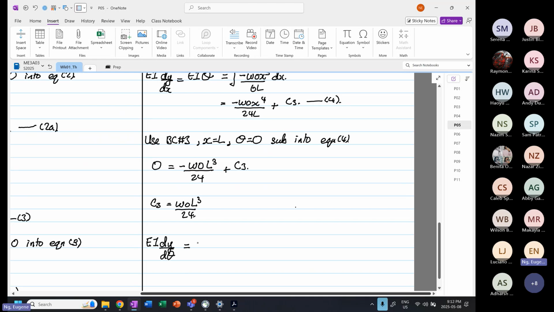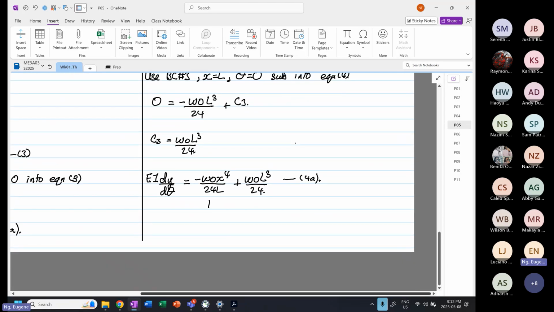So this will be equal to minus omega naught x to the fourth over 24L plus omega naught L cube over 24. And this will be our equation 4a. And then we're going to integrate. That's why you guys study so much on integration in your math.